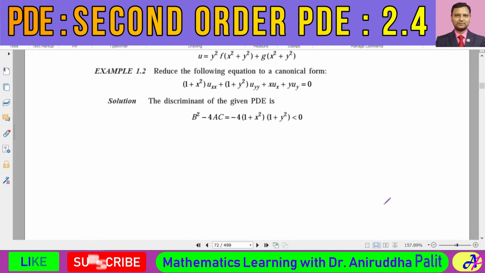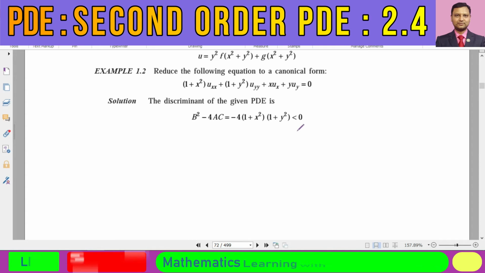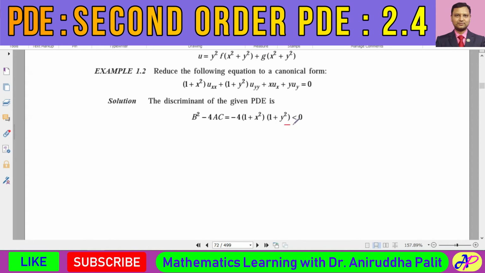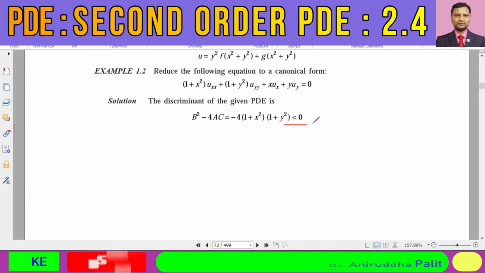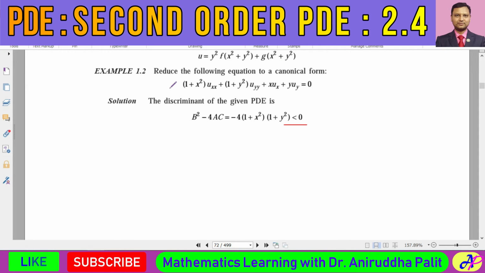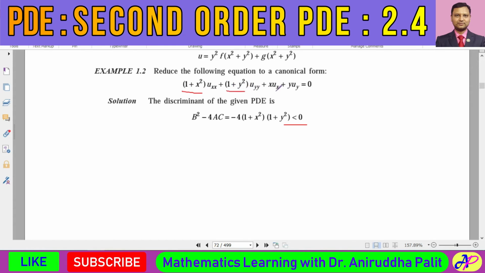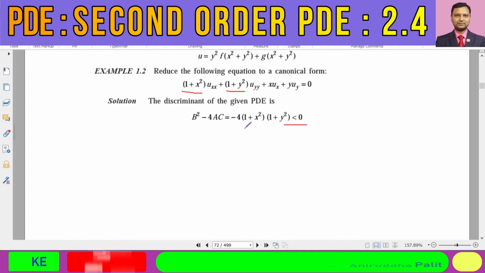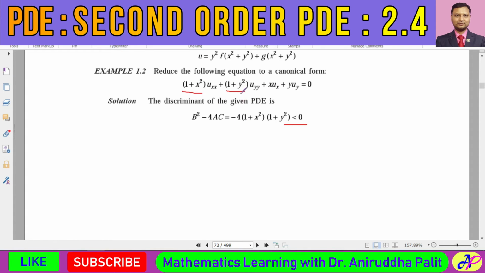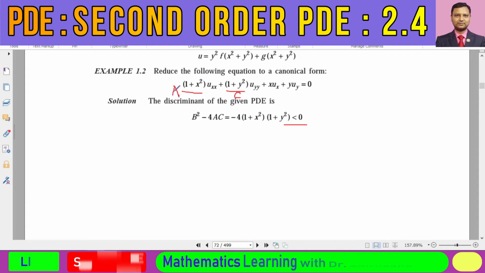Now, if you look at this second example, over here this b square minus 4ac is negative. These are the coefficients. This is our capital A, and this is our capital C, the coefficient of uyy.